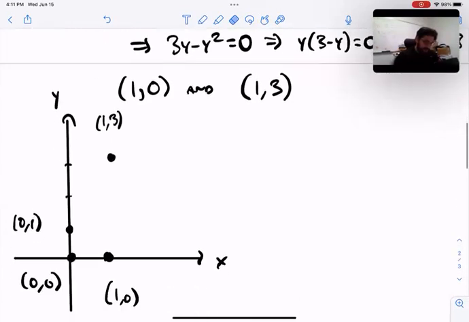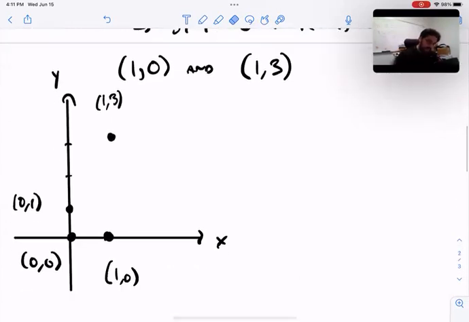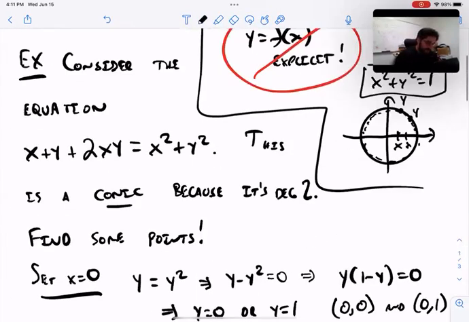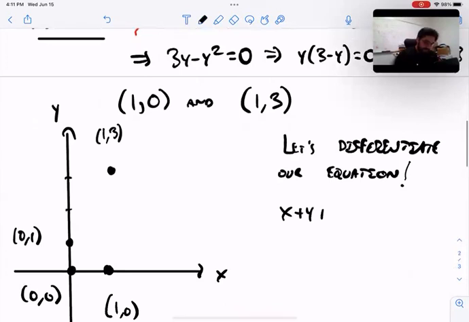So let's now start to think about slopes. So let's differentiate both sides of our equation. So I have this equation, x plus y, right, plus 2xy equals x squared plus y squared.